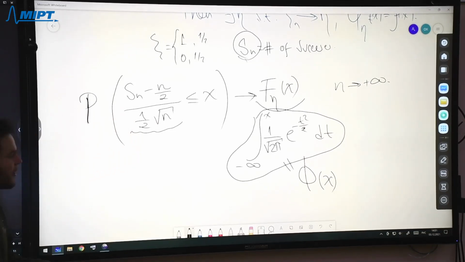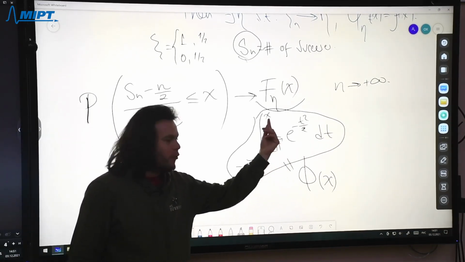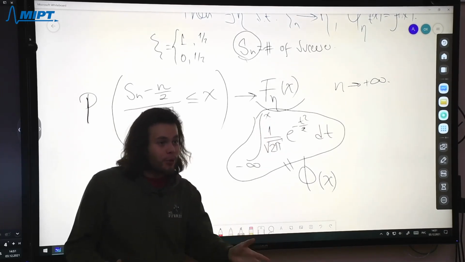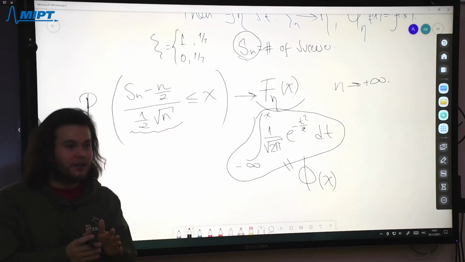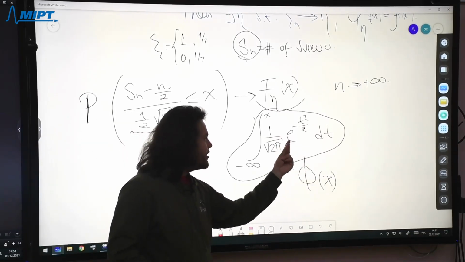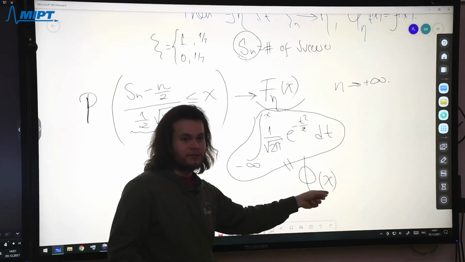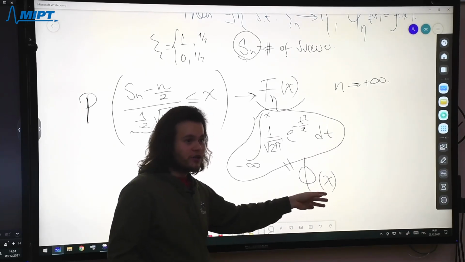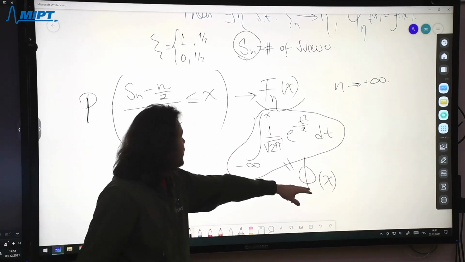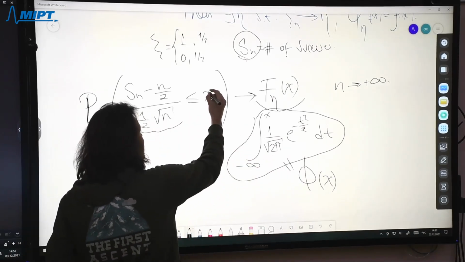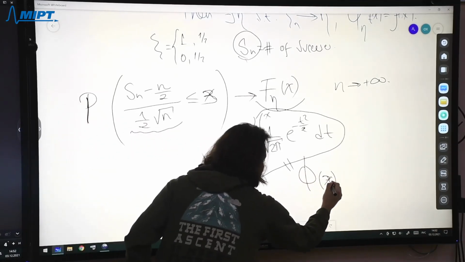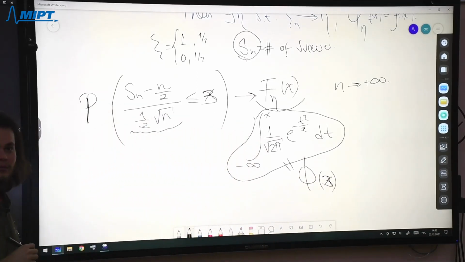And of course, to find the values of this integral for different x is difficult. But in every book of probability theory and on the internet, you can open the book, and on the last page, you will find the value of this integral for different values of x. So now you can solve exercises. If you need, for example, to find this, then this is equal to this. Let's say that, for example, this is 3 here. So we need to find this, right?